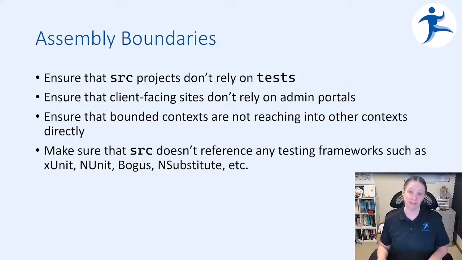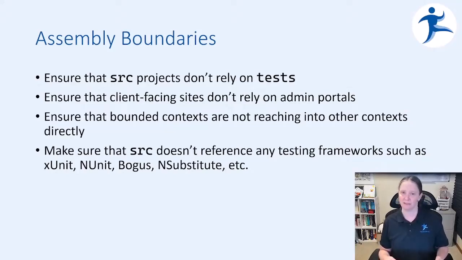What's nice too is that we can get into dependencies, and so we could say that our source folder, that's where we're going to have our application. In our case, we have web, application core, Blazor admin, Blazor shared, public API, and infrastructure. Those are all within our source, but we can also make sure that those don't have references to our test frameworks.